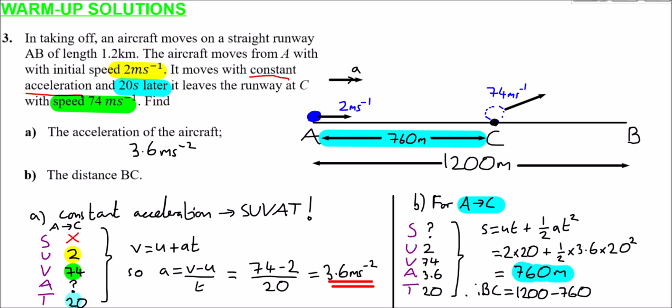Okay, what will be left will just be this distance here. And that's exactly what we're wanting to find. So BC is 1200 minus the 760. And if you check that on your calculator, you should get 440 meters.